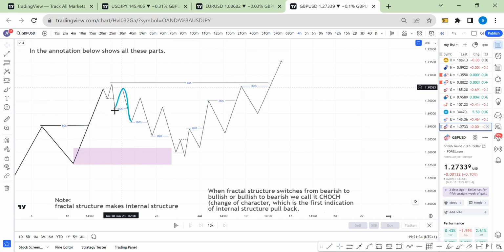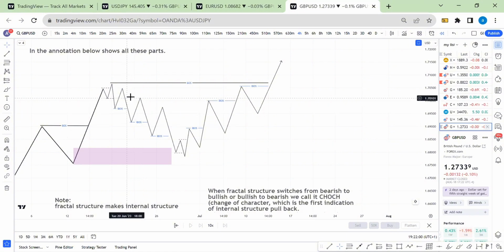So immediately we have this internal break of structure, we can now say that this swing structure is pulling back. Now we can continue trading this internal structure.